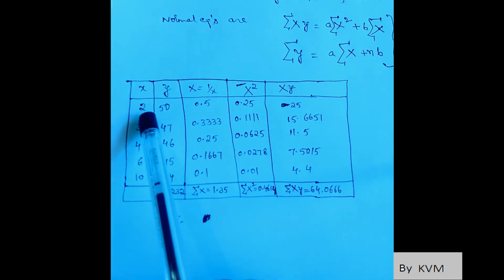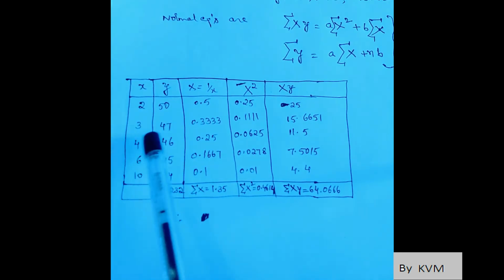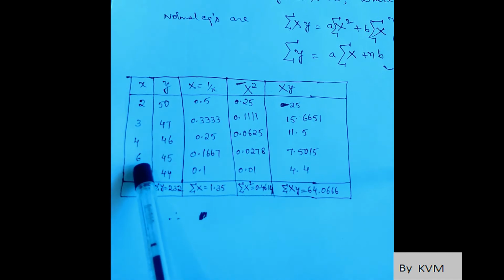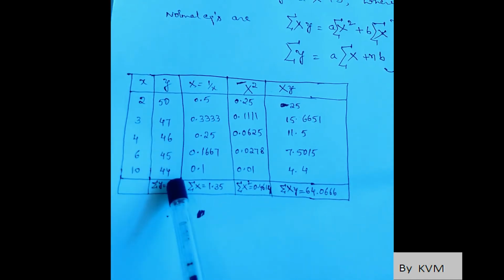Now in the table, write down x values and the corresponding y values. If x is 2, y is 50; 3, 47; 4, 46; 6, 45; 10, 44.